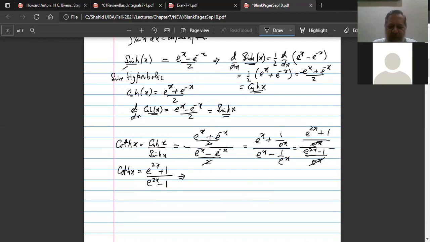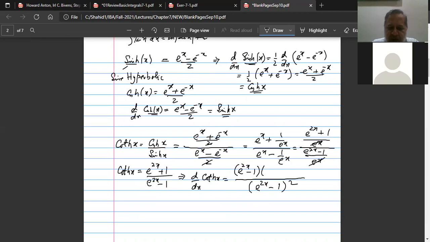And now I attempt the differentiation d/dx of cot hyperbolic x, and I will be using the u upon v technique. The u upon v technique tells me: denominator (e^(2x) − 1) raised to power 2, the denominator as it is.